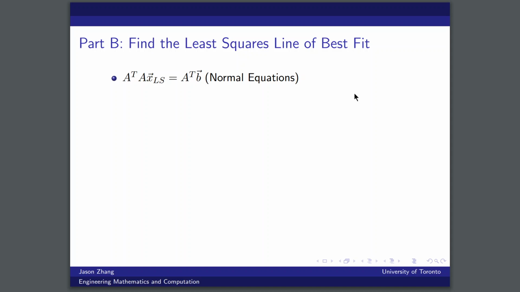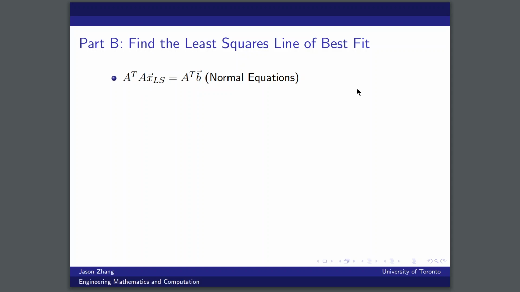And the way we formulate this problem is we'll project B onto the column space of A. And we'll say that the projection of B onto the column space of A is equal to our best guess approximation. What we can do then is define an error vector equal to B minus AXLS.